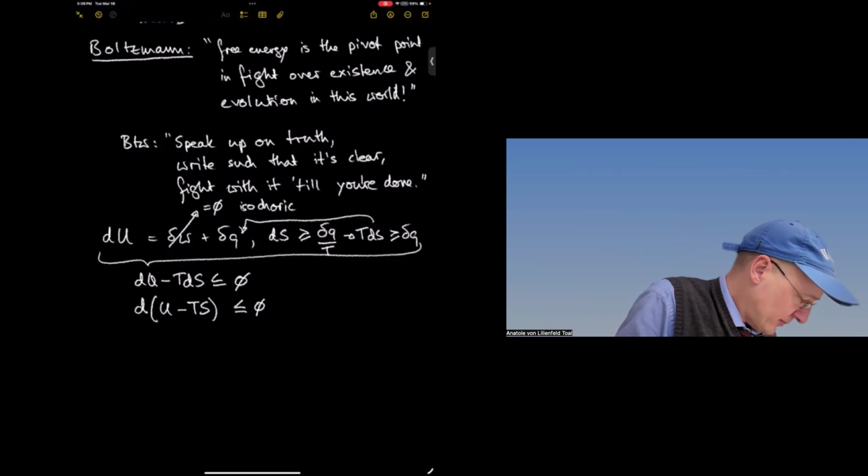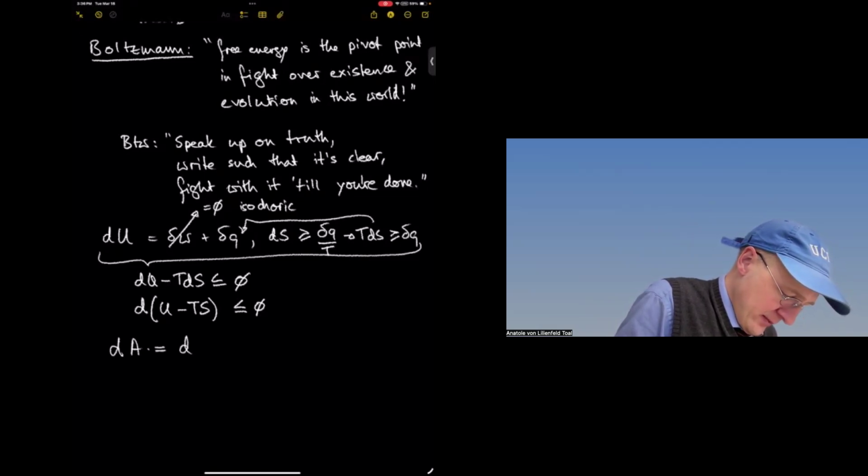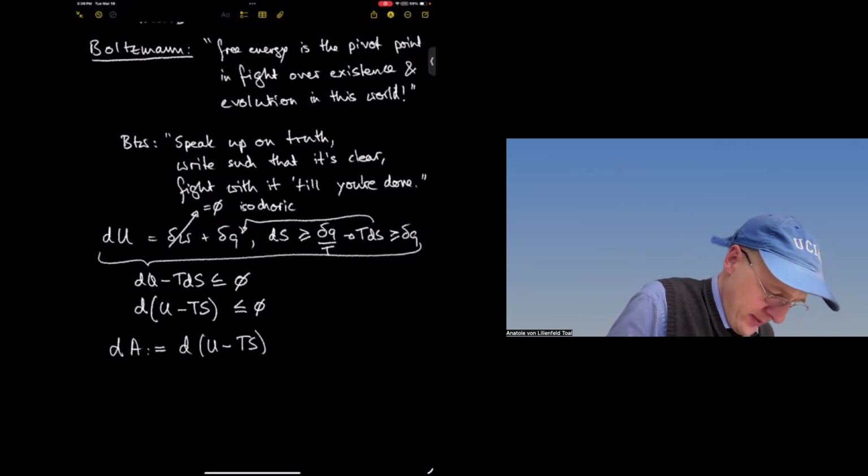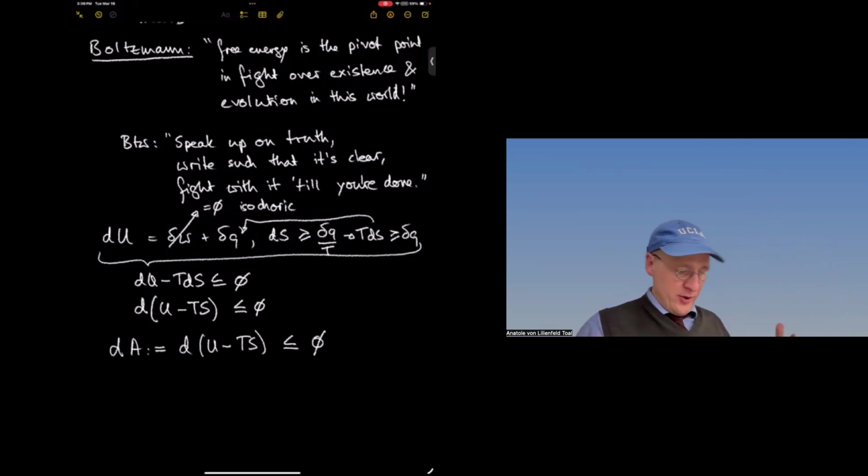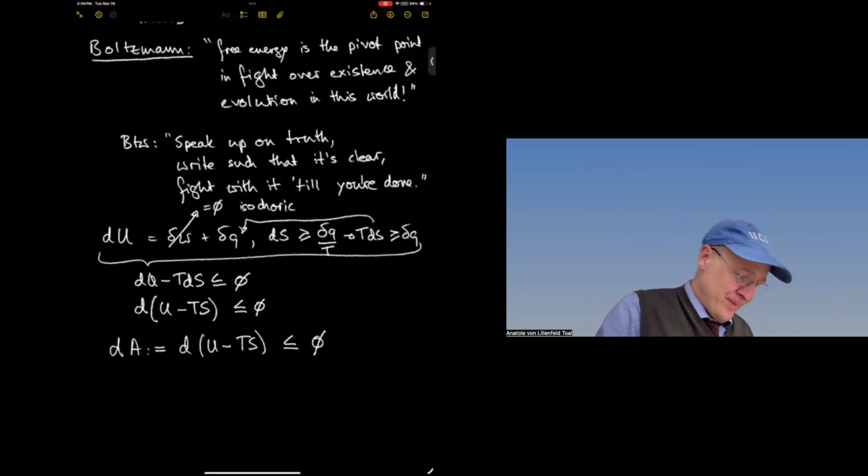So we define that to be U minus TS. And in any spontaneous process, this must always be smaller or equal to 0.